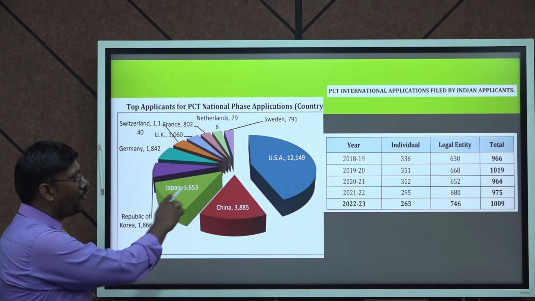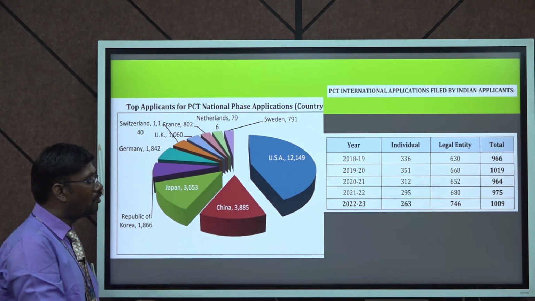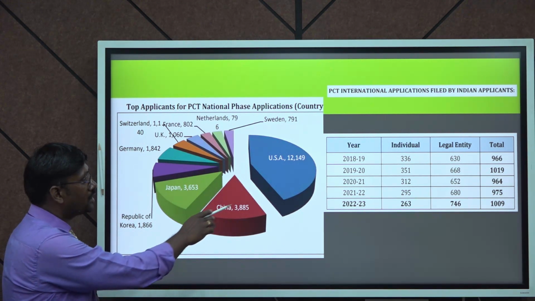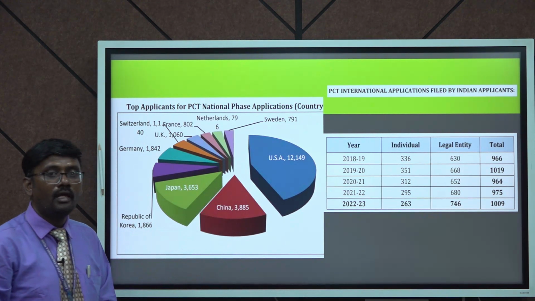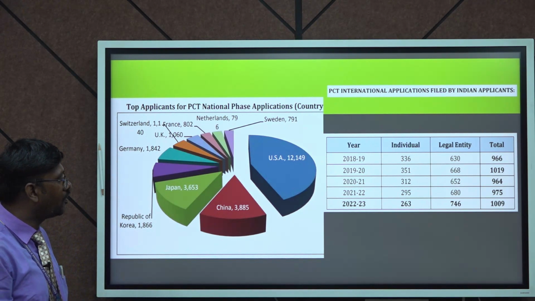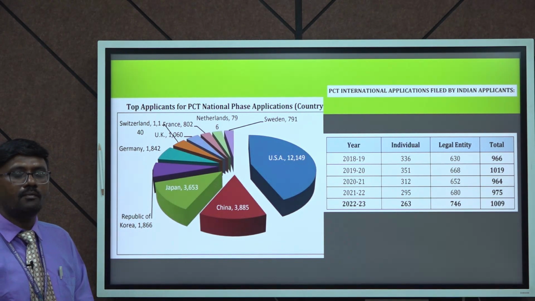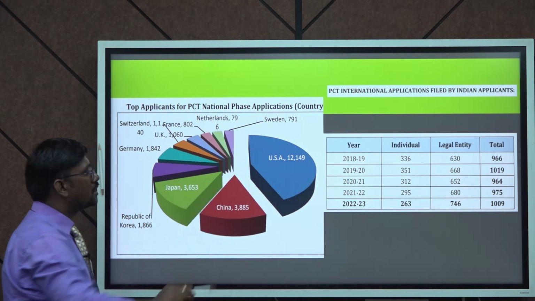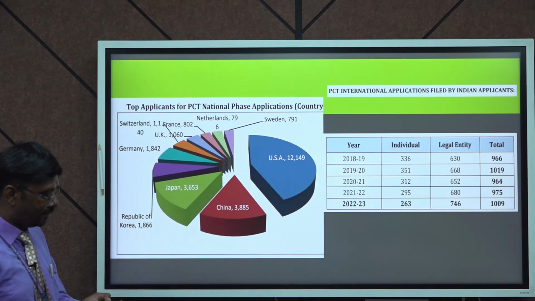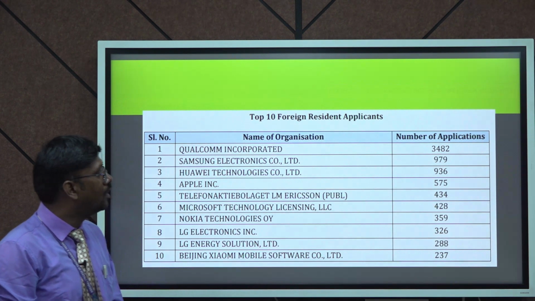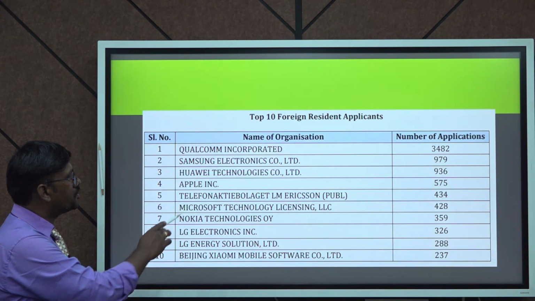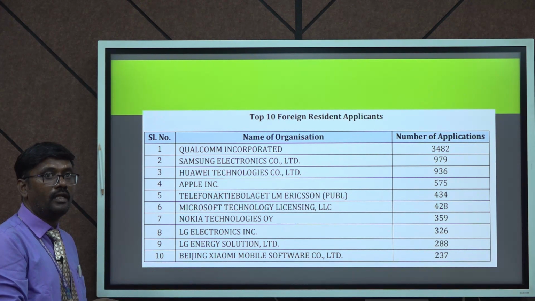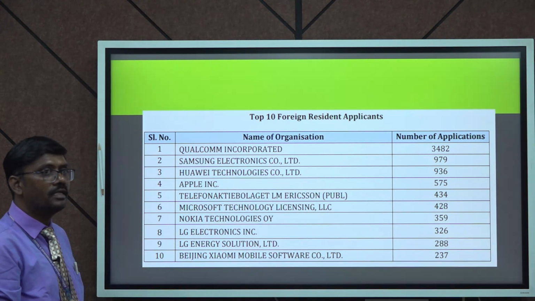Okay. In the foreign nations, we should know which country is standing first. Look at the statistics. The USA is standing number 1, followed by China. They are submitting more applications to the Indian Patent Office, with the USA, China and Japan leading. Okay. This statistics shows which company is filing the most applications in the patent office.